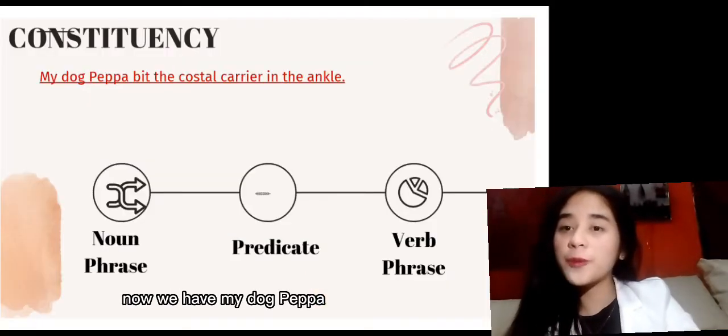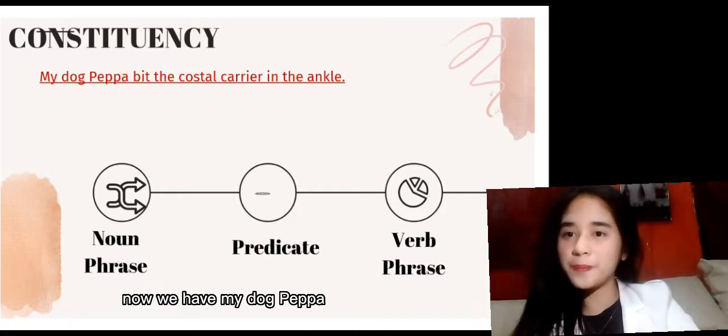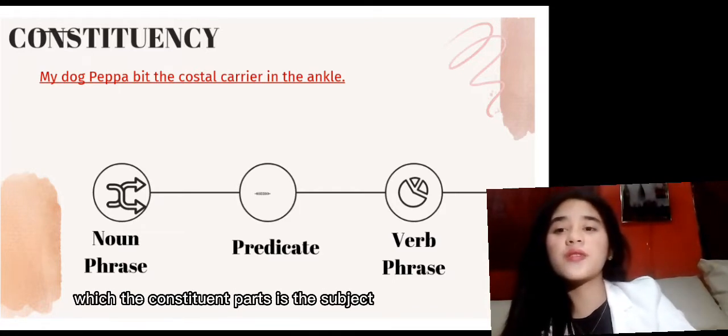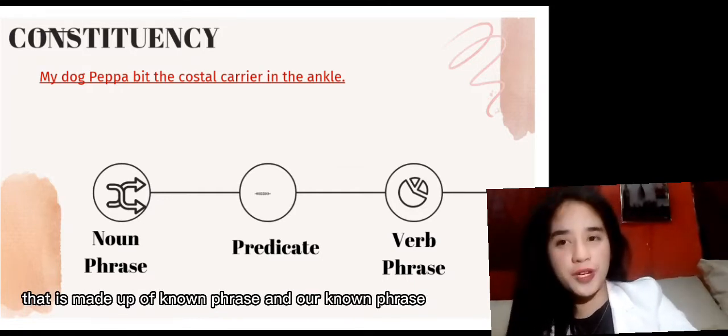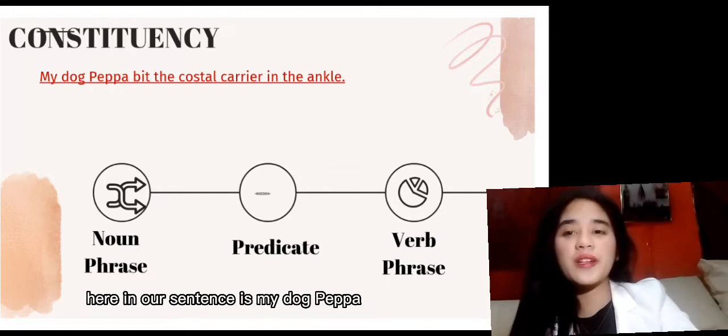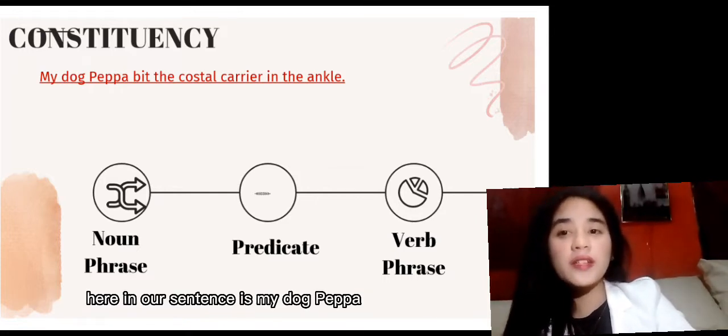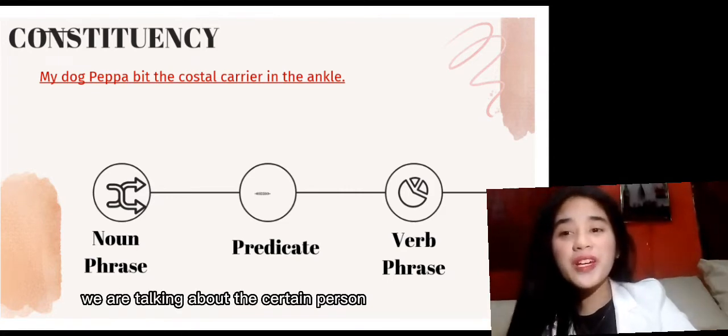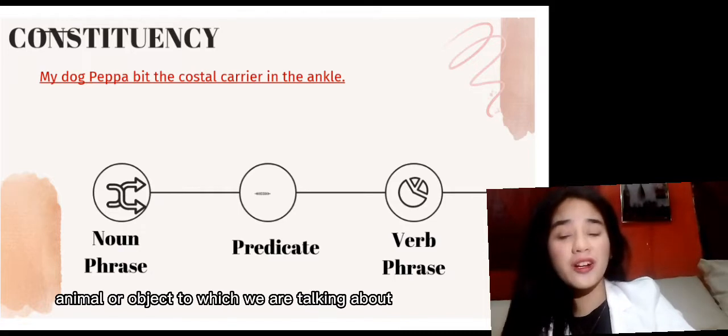Now we have, my dog Peppa bit the postal carrier on the ankle, in which the constituent parts are the subject, that is made up of a noun phrase. And our noun phrase here in our sentence is my dog Peppa. Because when we say subject, we are talking about a certain person, animal, or object of which we are talking about.